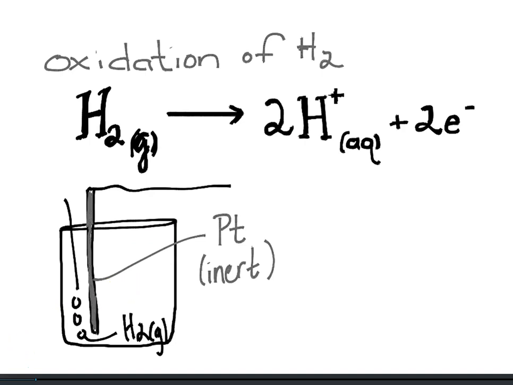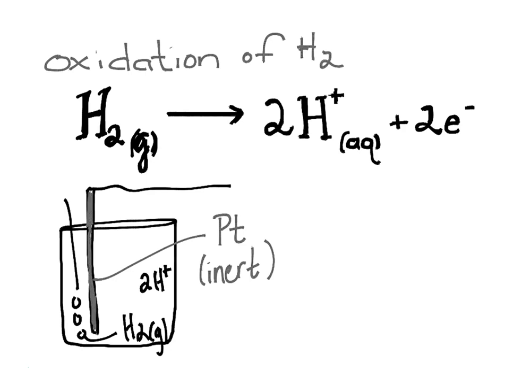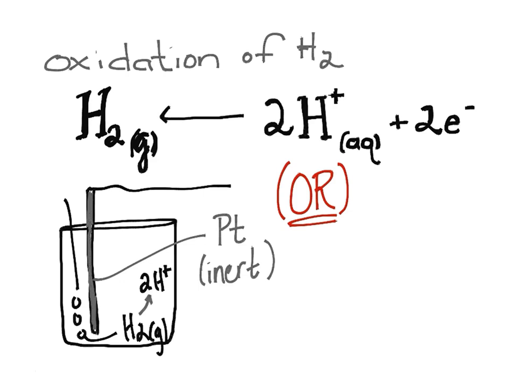It would lower the pH. So hydrogen gas is the reactant, and H plus is the product in this case for the oxidation half reaction. Or the reaction might occur in the opposite direction depending on what the electrode is paired with. So the reduction of H plus would be the opposite reaction.